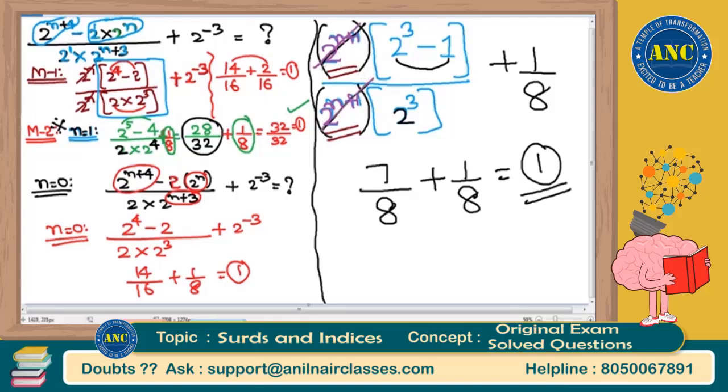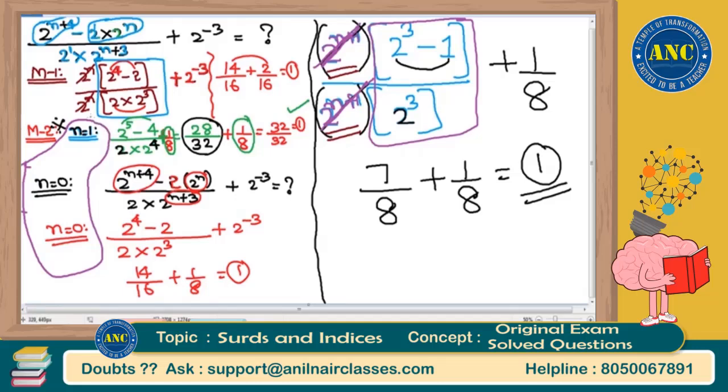If I cancel both of them, n term will cancel out and you will be left only with the numerical values. Or in other words, put some value for n, you will be left only with numerical values. Both the methods are same, and that is the reason I eliminated method 1 taking 2 power something common factor, which will confuse sometimes. Put some n values and make everything as numerical value.